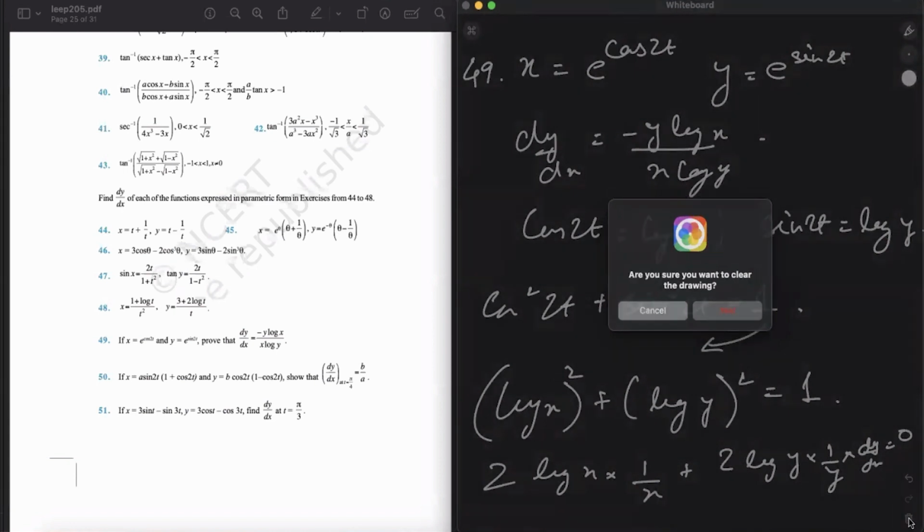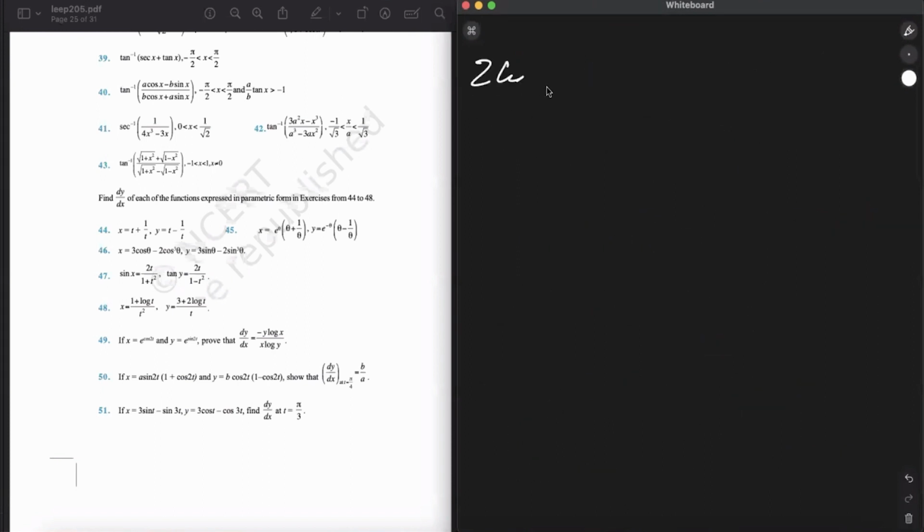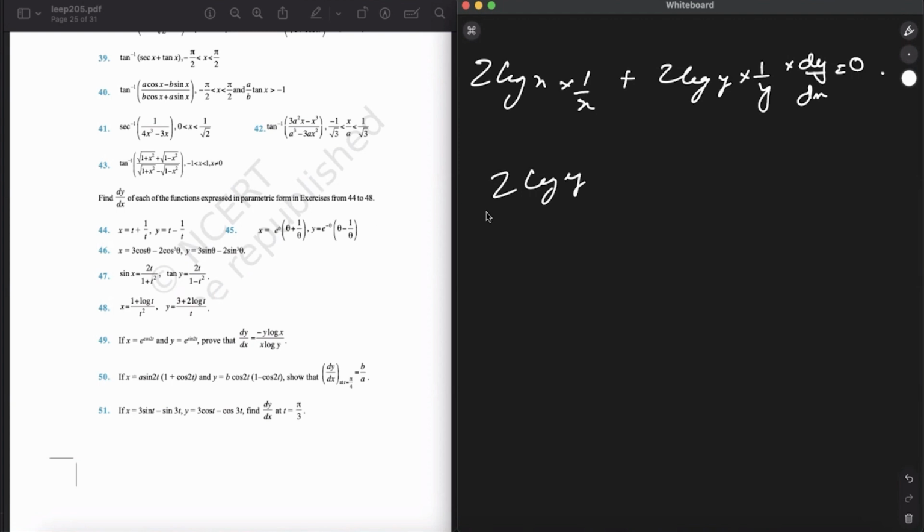ठीक है. 2 log x into 1 upon x plus 2 log y into 1 upon y into dy by dx equal to 0. So 2 log y upon y dy by dx is equal to minus 2 log x whole divided by x.